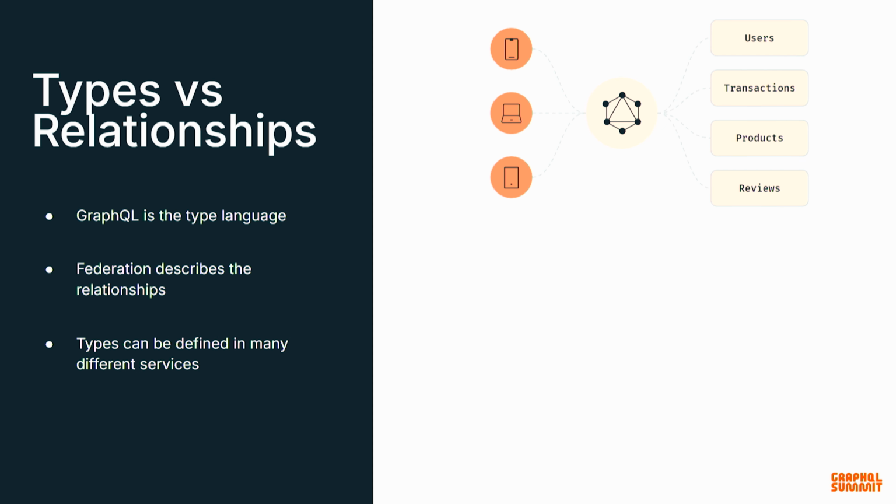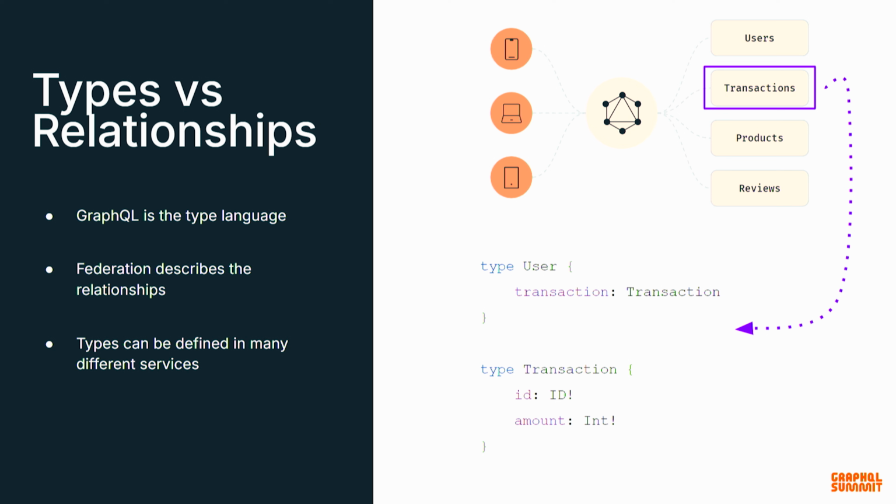So first, I know we all took Entities 101, but just as a quick review, hopefully everyone remembered our curriculum last semester. GraphQL is our type language, right? It's the way that we describe our APIs, but federation is the way that we describe the relationships of our graph and our entities. And types can be defined in many different ways in federation.